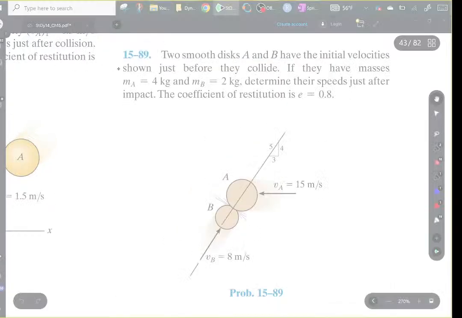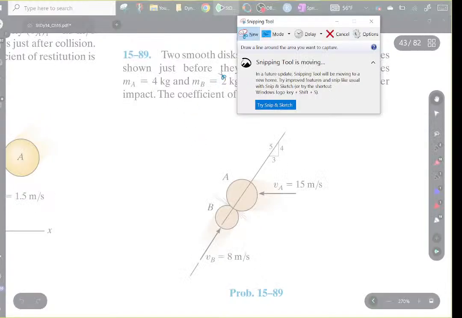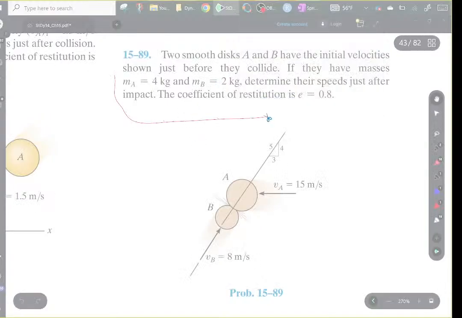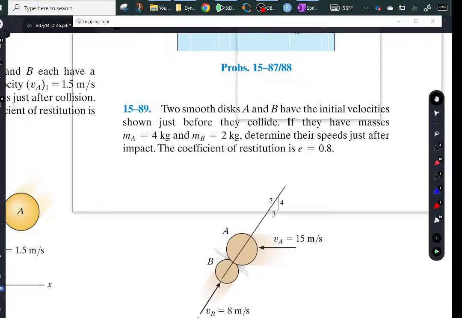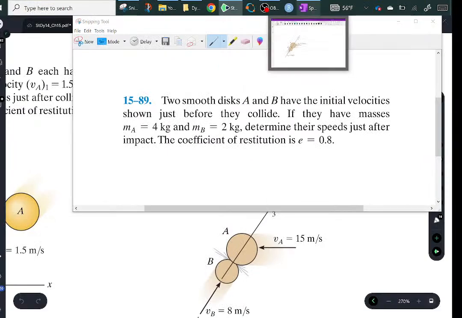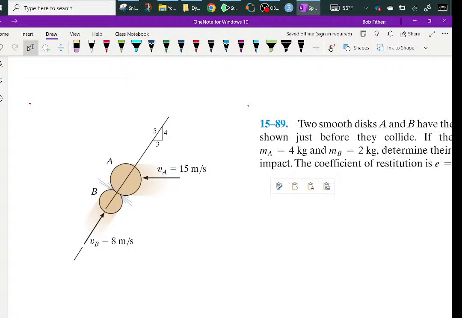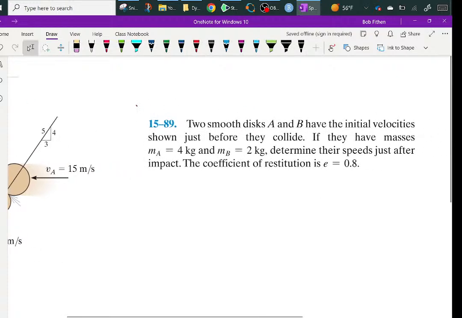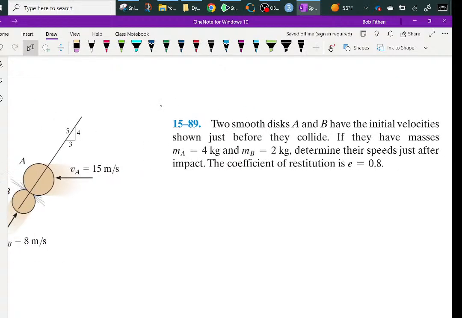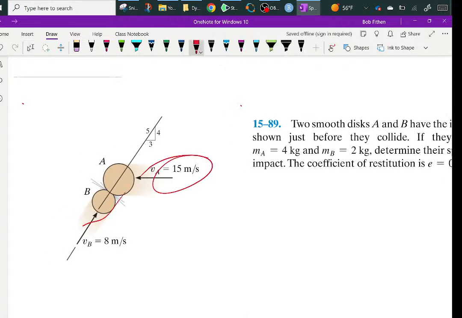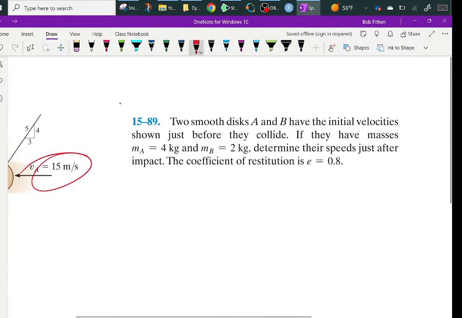Here we go. There's the problem statement. It says two disks, A and B, have initial velocities that are shown right there and there. If they have masses of 4 and 2, and the coefficient of restitution, determine their speed just after impact.